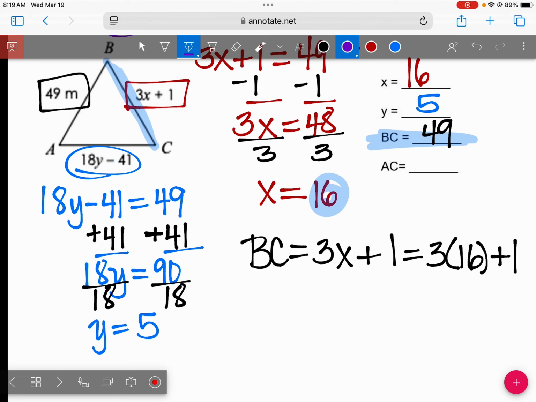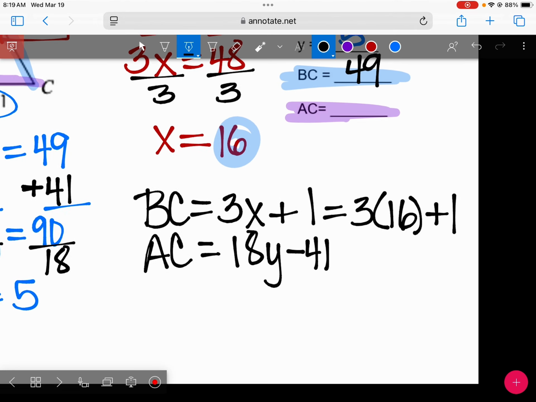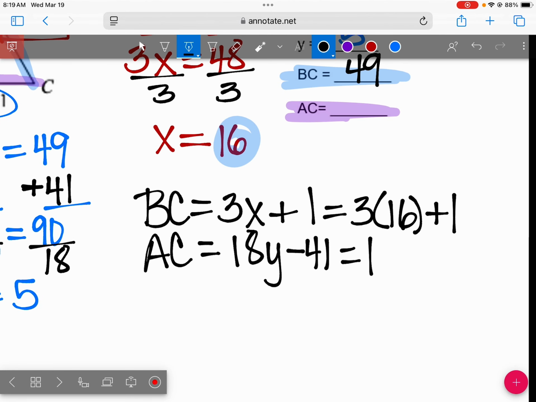And then lastly, for AC, AC goes from here to here. So let's figure out the length of AC. So AC equals 18y minus 41. Well, we figured out that y is 5, so that would be 18 times 5 minus 41.